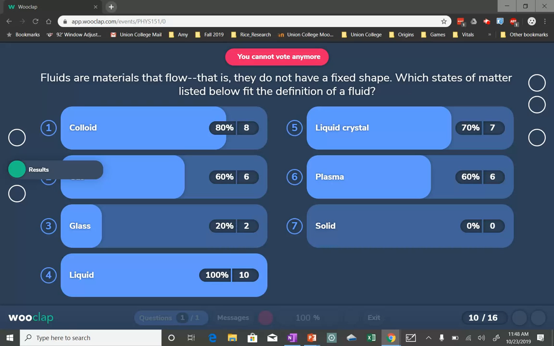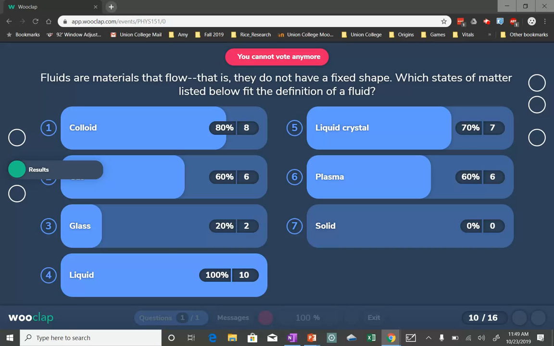Yes, so that should be 100%. Colloids are fluids. The second one we can't read, but I really think it said gas. Can a gas flow? Yes. It doesn't matter what temperature or what density, it'll still flow. So gases are fluids.